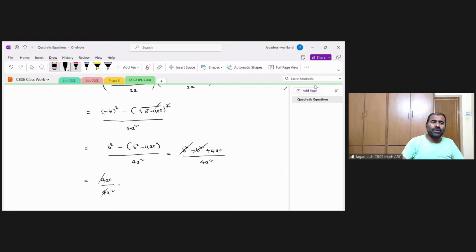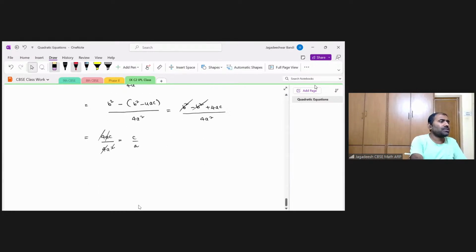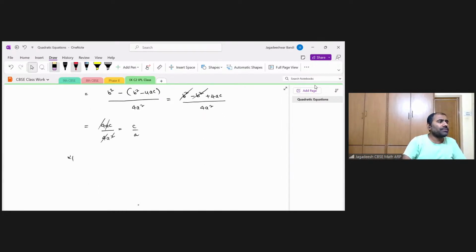Again 4 gets cancelled, even one a gets cancelled. We will be left with c by a. In the denominator we have a squared and one a will get cancelled, so one a is left. So hence we'll get finally c by a. That is our product of the roots. So hence the product of roots of a quadratic equation, alpha into beta, is c by a.